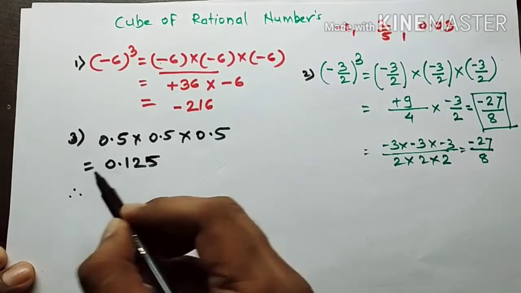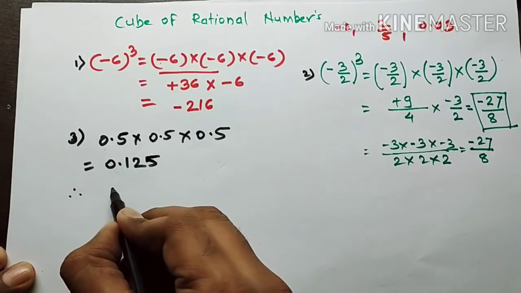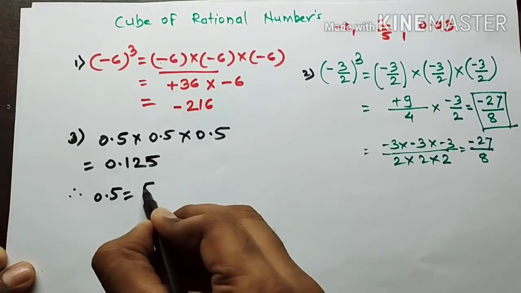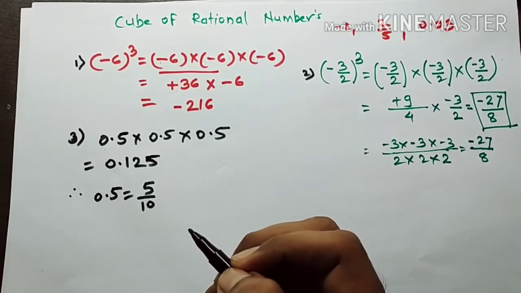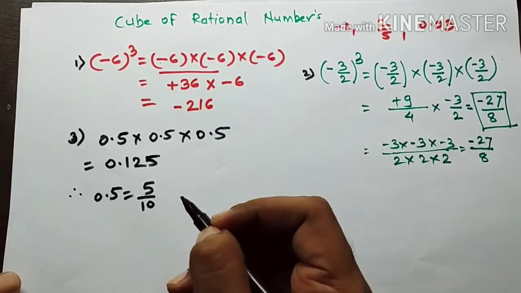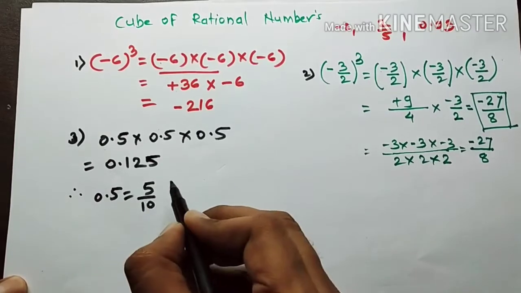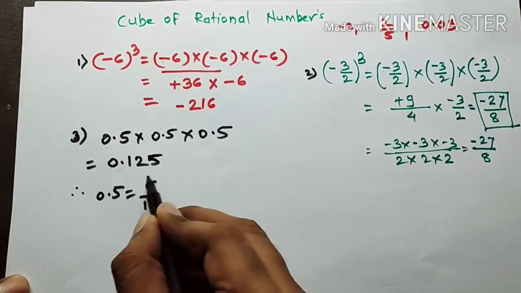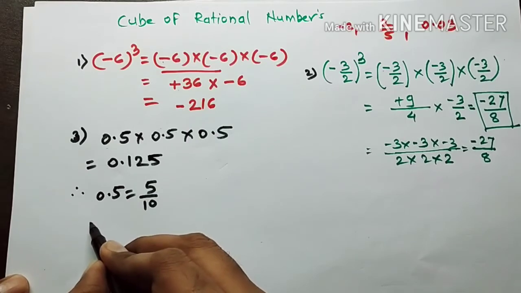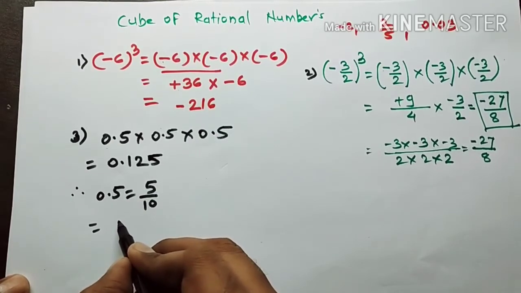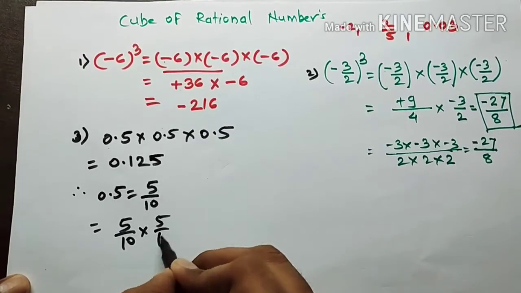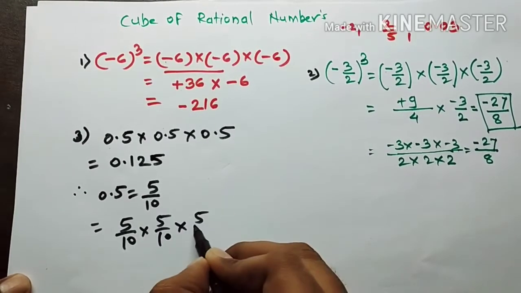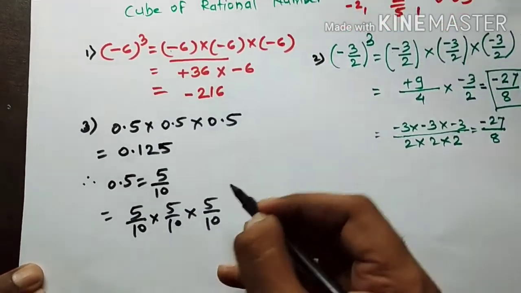You can solve in another way also. 0.5 means 5 upon 10. Here we use the formula. 5 upon 10 into 5 upon 10 into 5 upon 10.